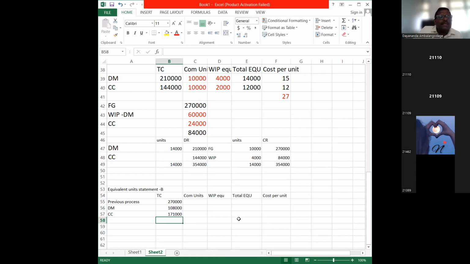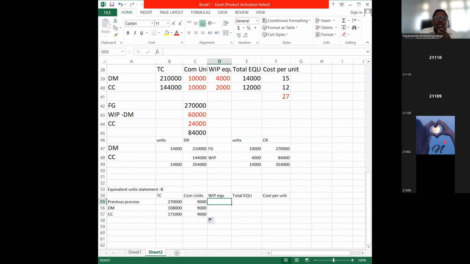So we will look at the completed units. Here the completed units are 9,000. From all aspects, even material, your completion is 100%. Now WIP is 50%.